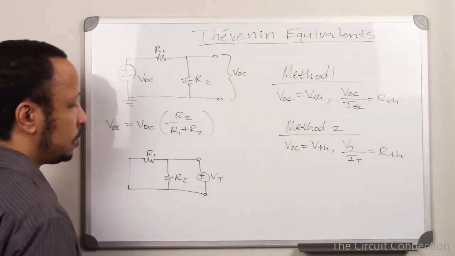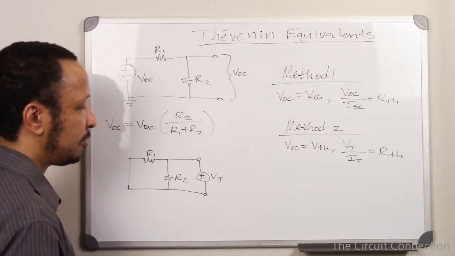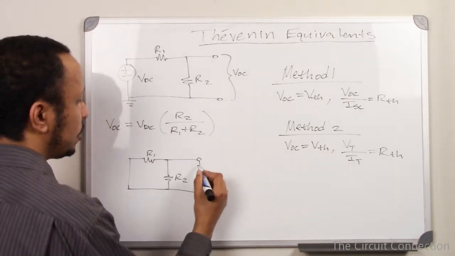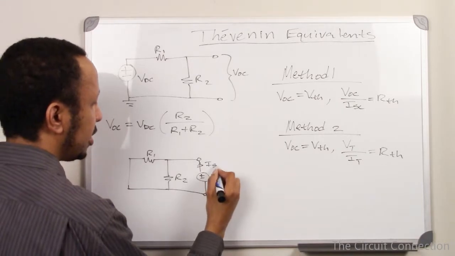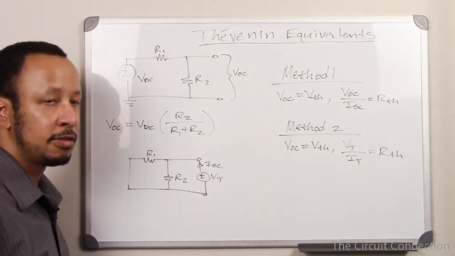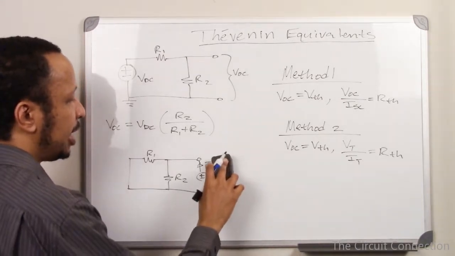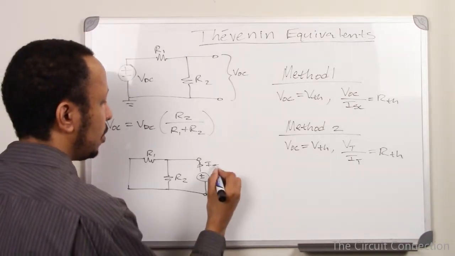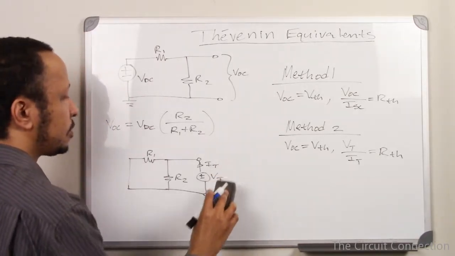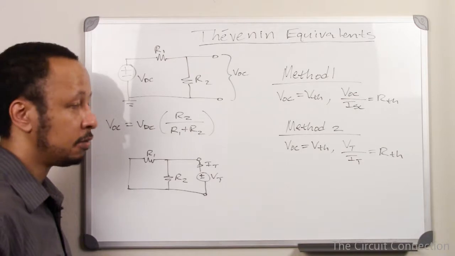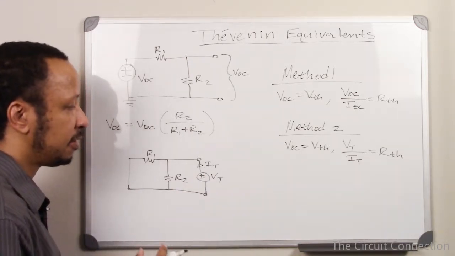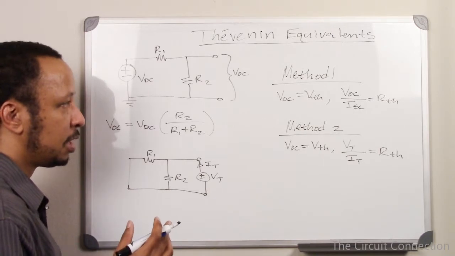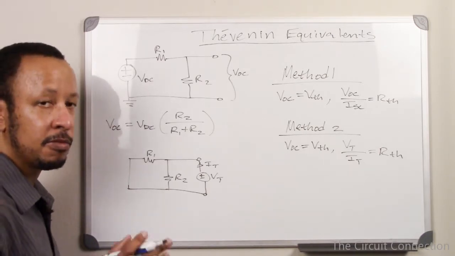We are going to use VT in order to figure out what is IT. IT is the test current, the current that's coming from VT.